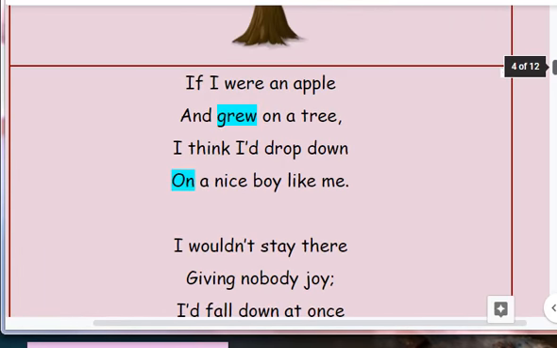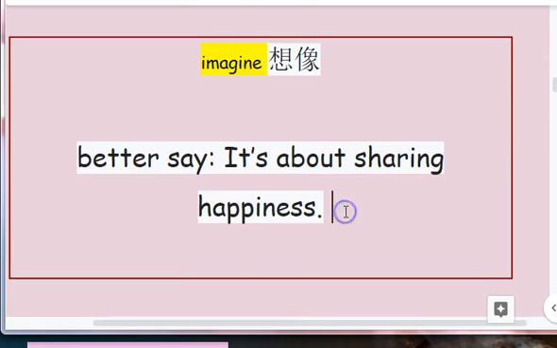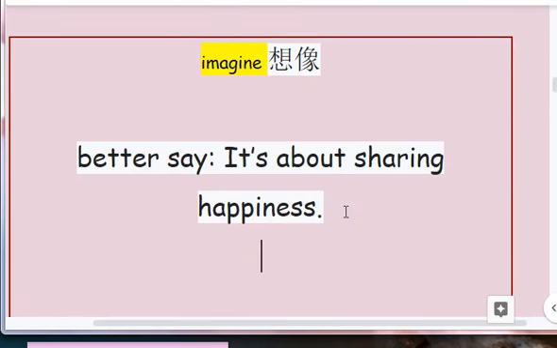Because when I see some things I really like, I don't share them with anyone. If you really like something, you don't want to share it with anyone. Yes.